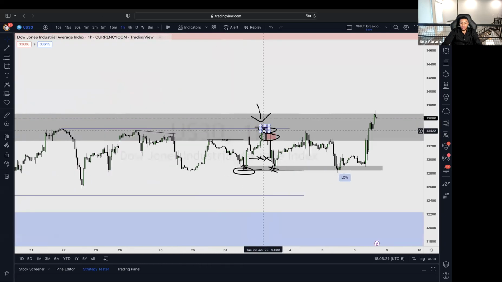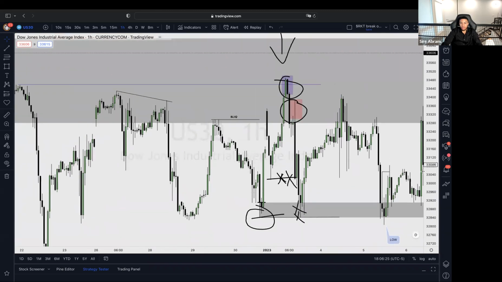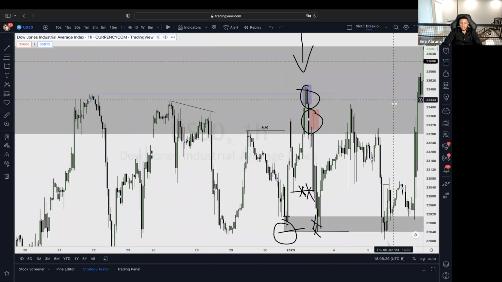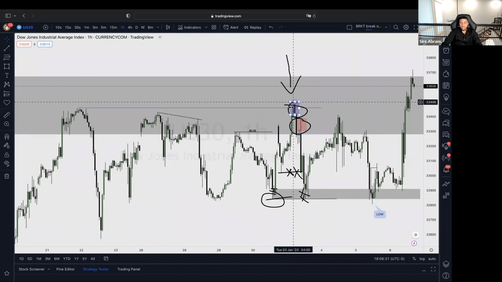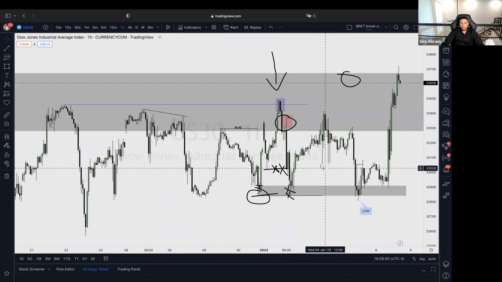So if we go down to a 1 hour, what do we have here? Pretty much the same thing. So we have this high, this buy side liquidity gets purged right here, gets taken out just right there. And that's what that purple is indicating. And we sell off even more.